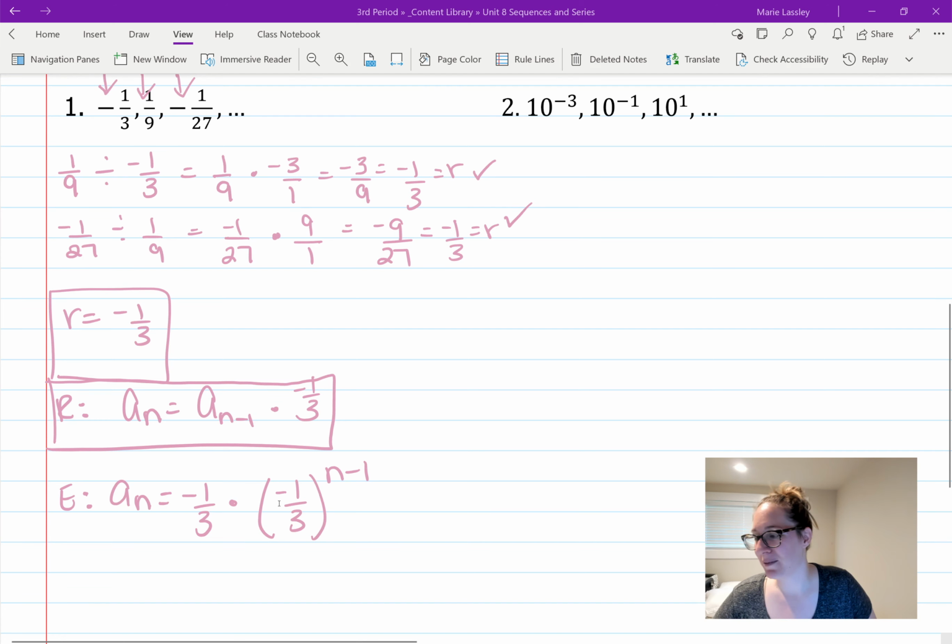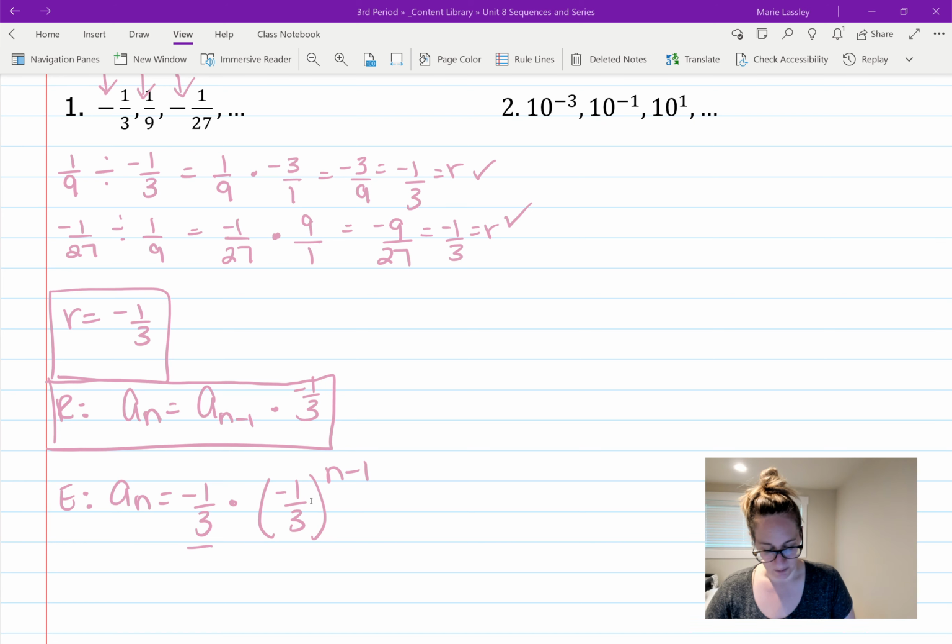Sometimes the negative makes it a little bit strange, so you want to be careful. But since they're both negative, what you could do is combine these. We have the same base number, and this would be an exponent of 1. So ultimately, a sub n equals your (-1/3) to the n, because when you add 1 and then n minus 1, you get just n.